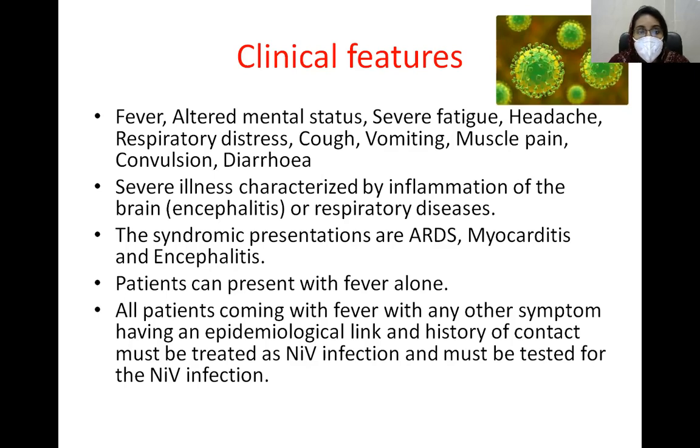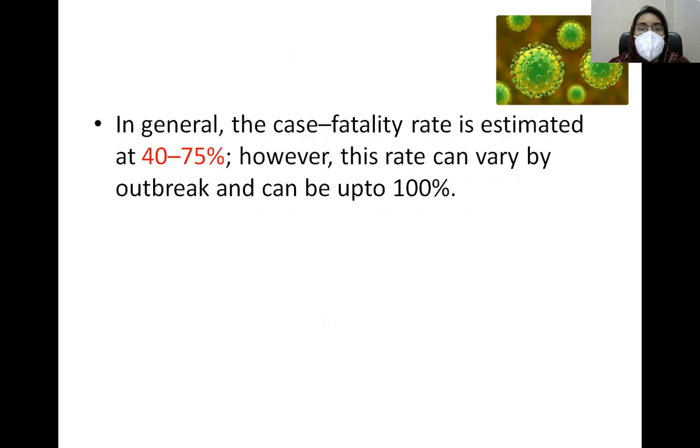Patients can present with fever alone also. Patients coming with fever, with or without any other symptom, but having an epidemiological link and a history of contact, should be treated as NIV infection and must be tested for it. The case fatality rate is around 40 to 75%. However, it may vary by outbreak and can even be up to 100%.